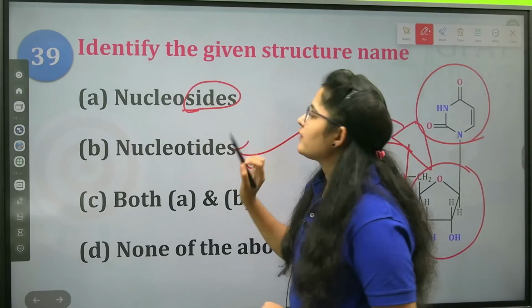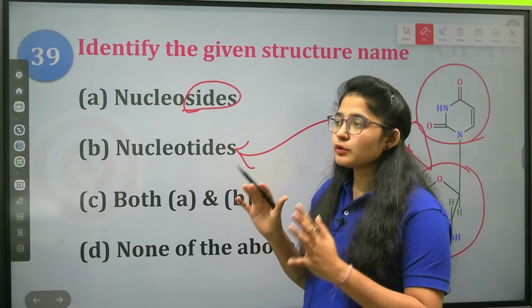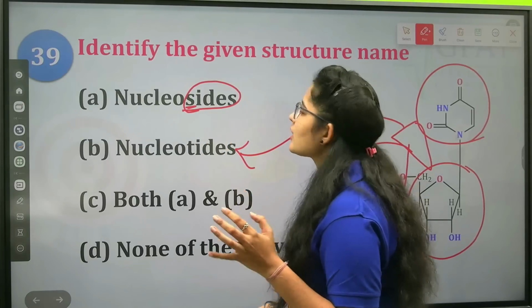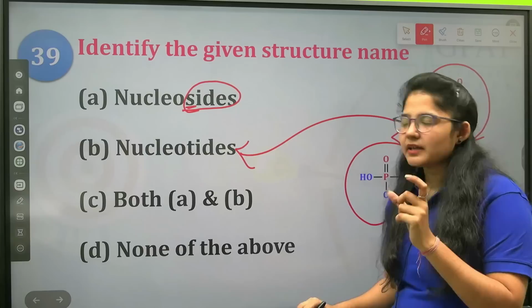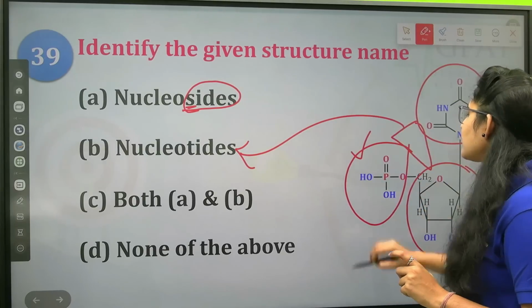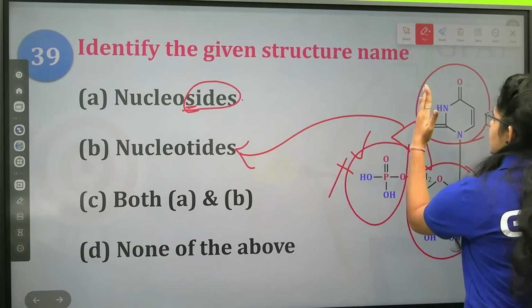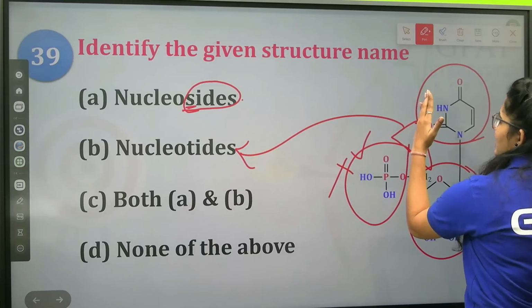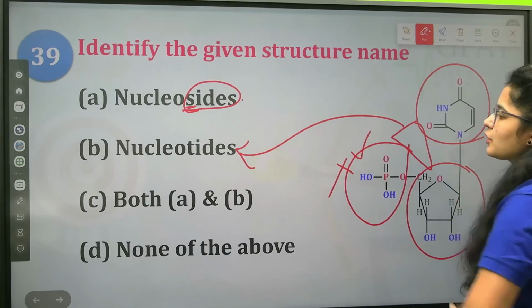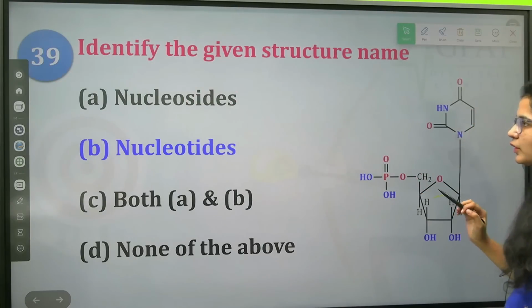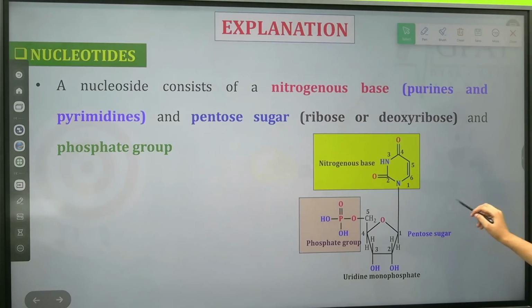From this side you can understand we have to remove one group, that is P, which stands for phosphate. So this phosphate group is not present in the structure of a nucleoside. This is the structure of your nucleoside and this whole is the structure of your nucleotide. Clear? Okay. Now the next question.